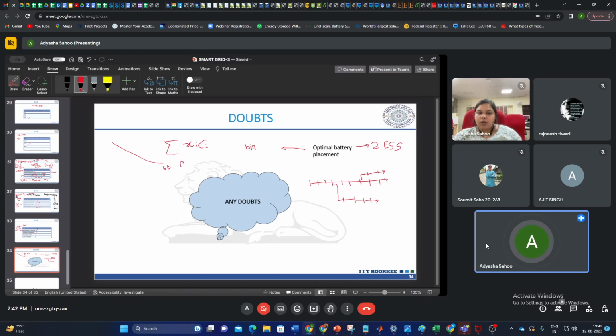Subject to that, there will be power flow equations, then there will be power balance equations, then there will be capacity limits. Let's say we got funding for 5 megawatt hour, so there will be a limit on this capacity.